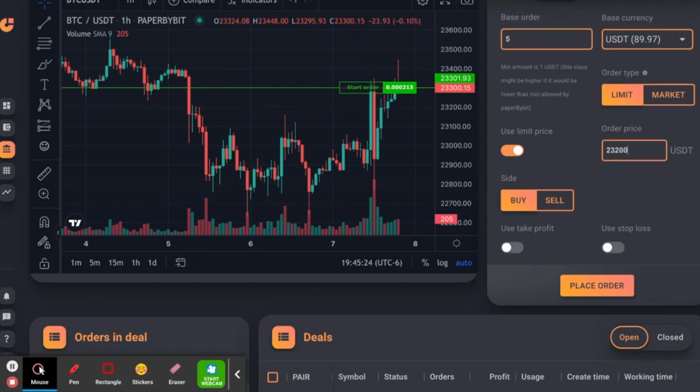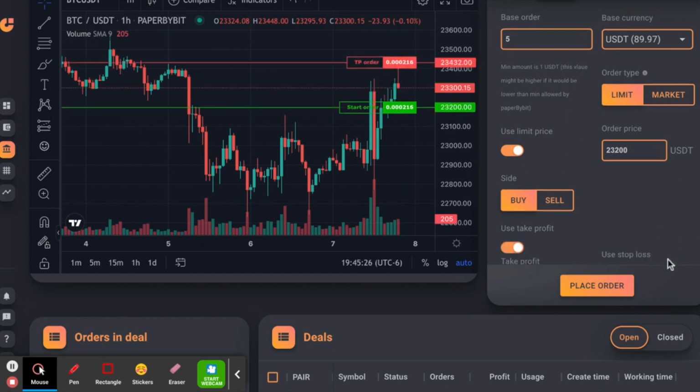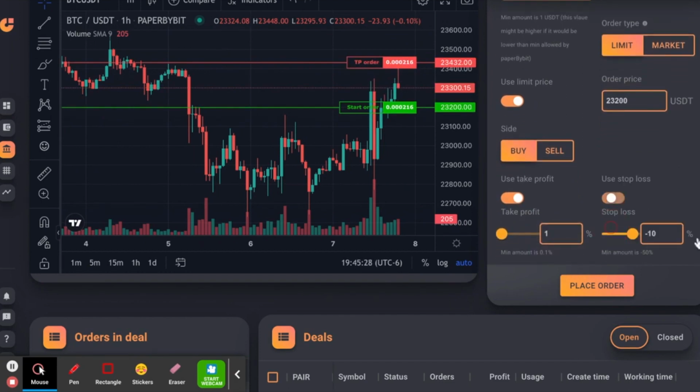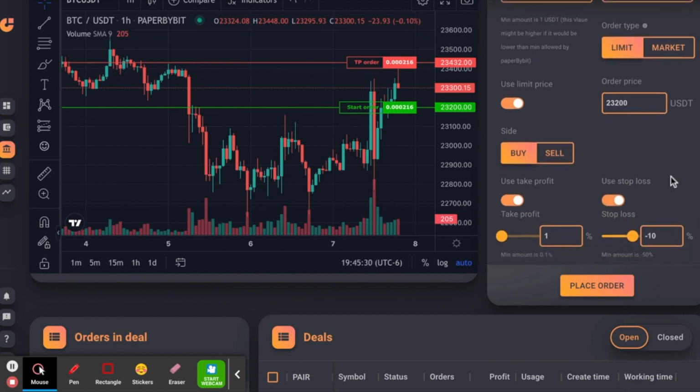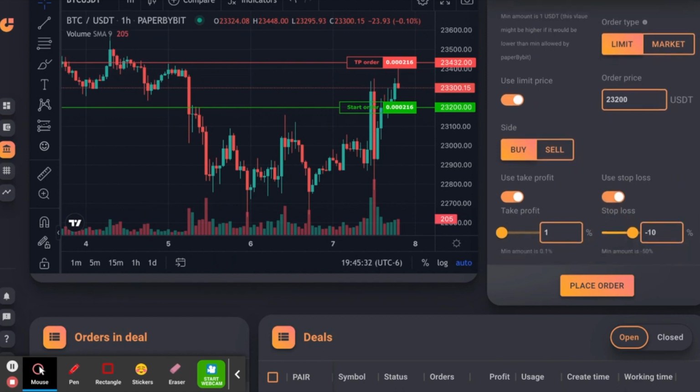Now, the other cool part is you're also able to use a take profit and a stop loss. Okay. And what that ends up doing is, I have a stop loss of 10%. That means if it drops down 10%, it's going to sell it automatically. It'll market sell.